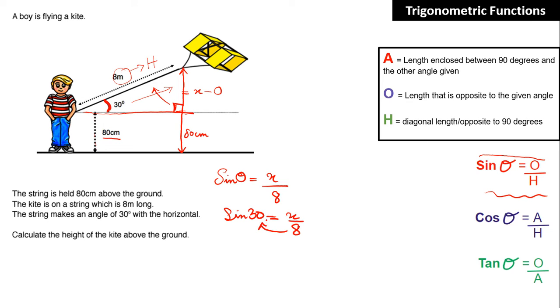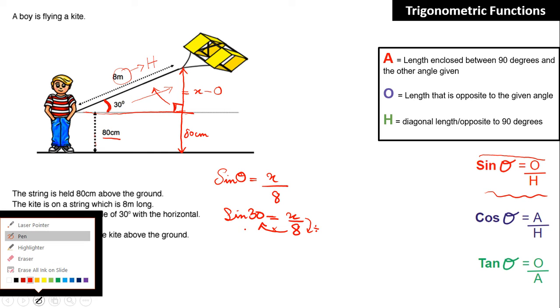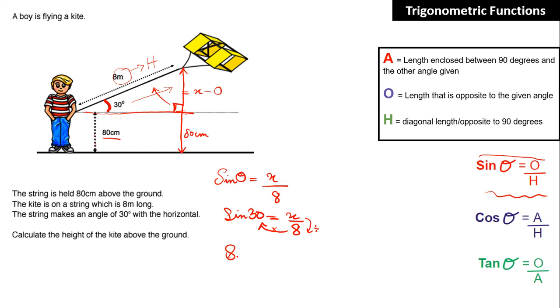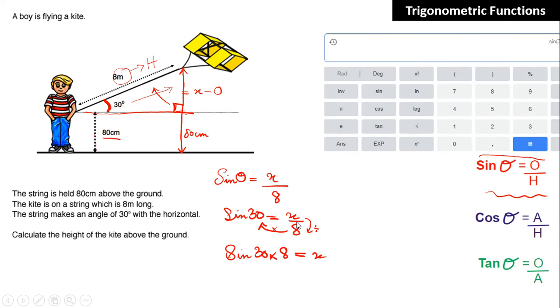Now when 8 goes to the other side, since 8 is being divided with the x over here, when it goes to the other side, it turns into multiplication, because that's the rule: positives change into negatives, multiplications change into divisions, and so on. So it becomes sine 30 times 8 equals x.